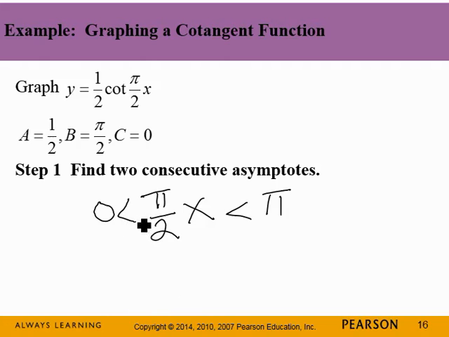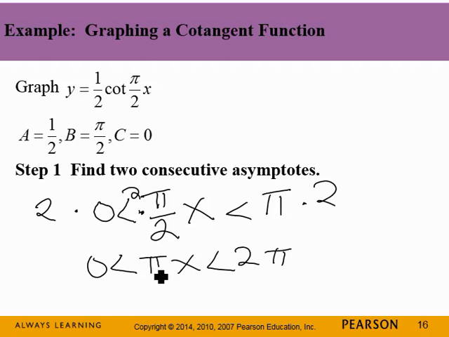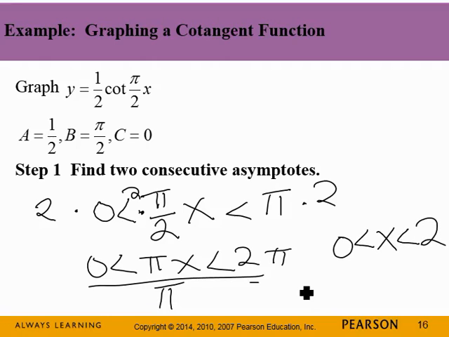So you want to multiply both sides by 2 to get rid of our 2, or all 3 sides, I should say. So 0, pi x, 2 pi. And we still need to get rid of pi, so we're going to divide everything by pi. So 0 and 2. So we have two consecutive asymptotes at 0 and 2.